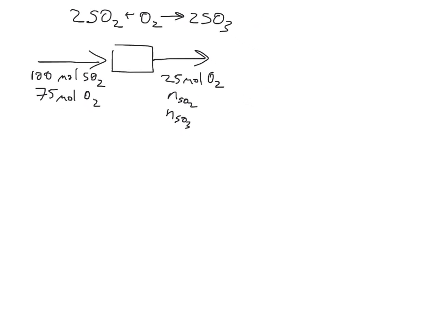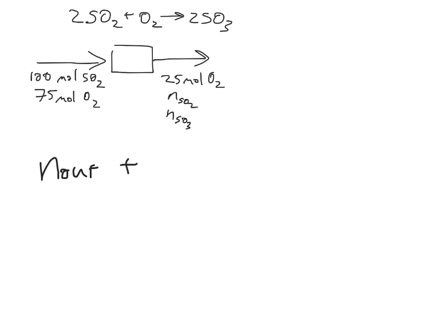Now, you will recall that we've done similar stuff in class where we've set up equations. For the reactants, we can write N out plus N reacted equals N in. If we wanted to, we could plug in the numbers for O2, since that's what we know.